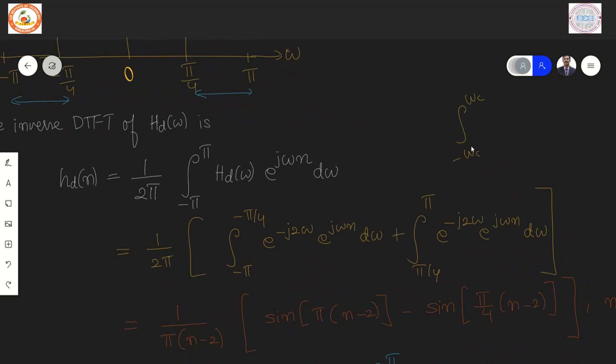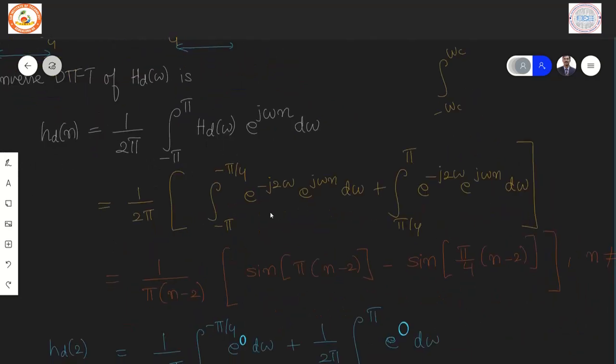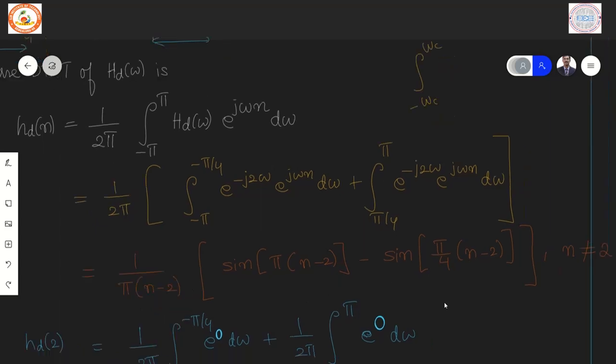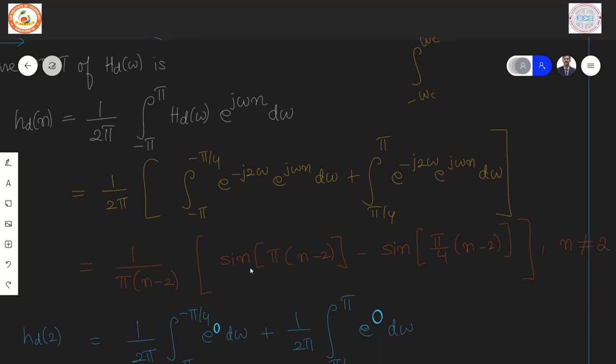So now the next part would be simplifying this. If you remember, the last time when we did this for a low pass filter, we got a term which was sine of a quantity divided by pi times something, right?